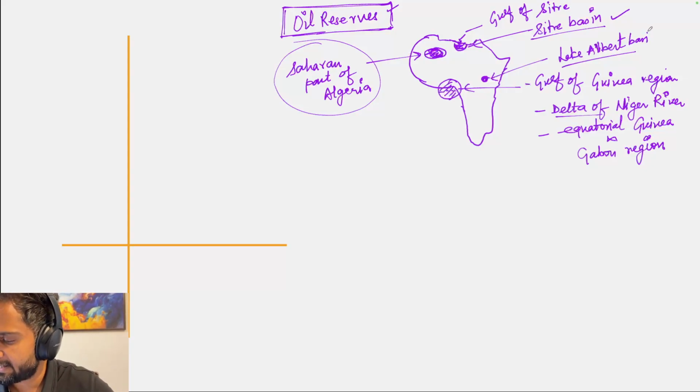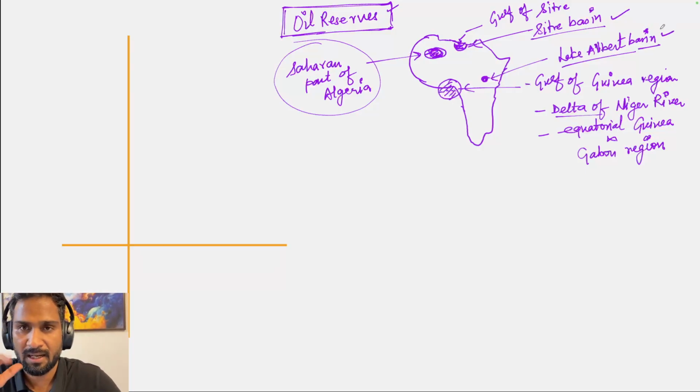This Great Albert Basin is also rich in oil reserves. So do remember at least the Gulf of Guinea part, जहाँ पे आपको नाइजीरिया मिलेगा, घाना मिलेगा, then Cameroon, then Gabon, Equatorial Guinea. All these countries are rich in oil reserves.